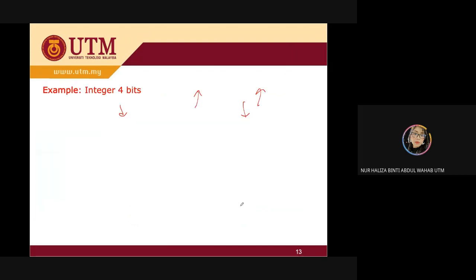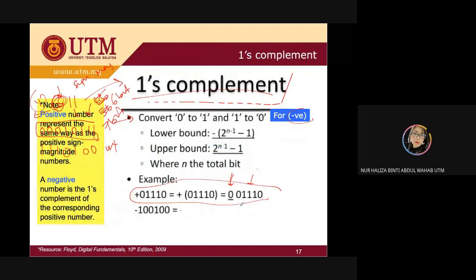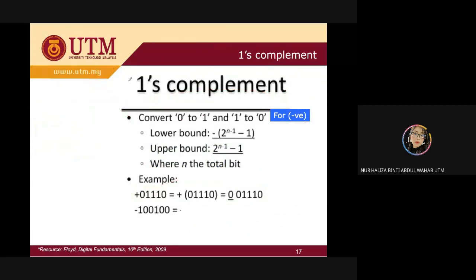But when you want to go for first complement, you no longer need to do sign magnitude for a negative number. For a positive number, you still apply sign magnitude. You're not going to use this method for a positive number.